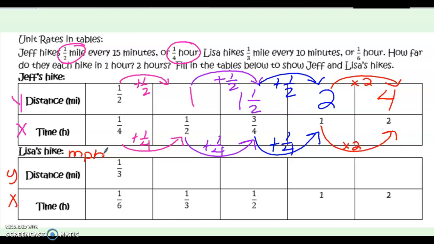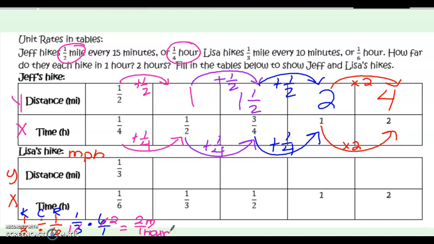So when we set this up, miles per hour, y divided by x, so 1/3 divided by 1/6. And remember, we always keep change reciprocal, so that means 1/3 times 6 over 1. We can cross simplify here, and that gives us 2 over 1. And what this is telling us is 2 miles per 1 hour.